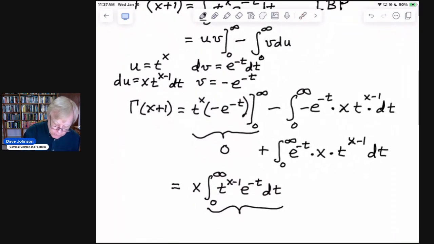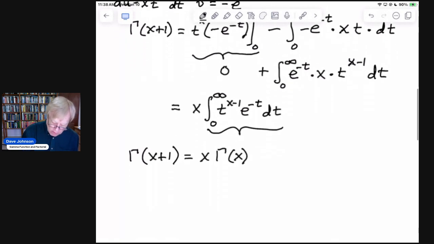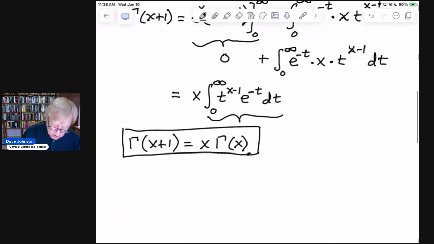So I can write this as gamma of x plus 1 is equal to that x that's out in front times gamma of x. Now I want to go one step further, and by the way, this is the property that people cite when they talk about the factorial property of the gamma function. However, let's make this a little clearer.